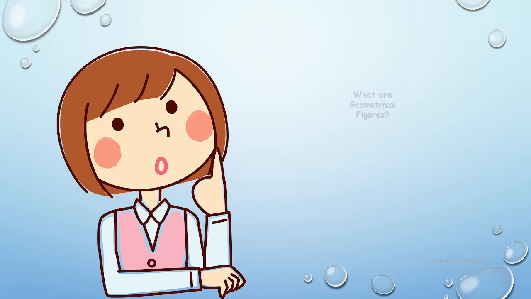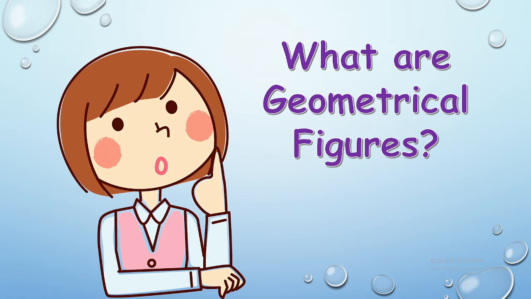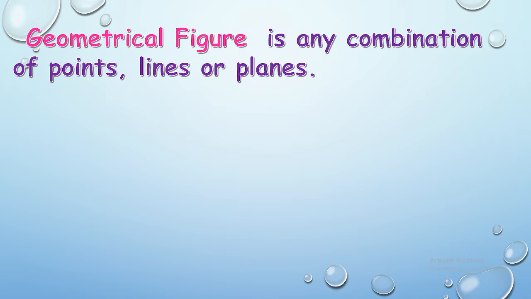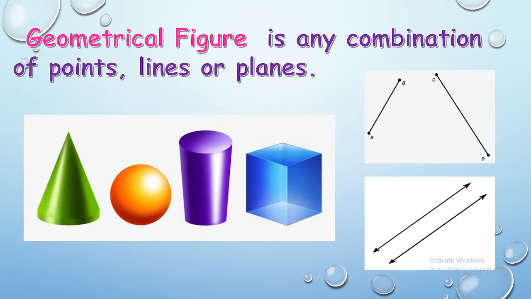Let's talk about geometrical figures. What are geometrical figures? Geometrical figure is any combination of points, lines, or planes. When you say point, it means the dot. That's where you start. For example, when you have to write something, first you make the dot and then draw the line, right? When you have to draw, you make a dot, a starting point, and then draw, right? So this one is any combination of points or maybe lines or planes. When you say plane, the face, for example, the paper. The paper is a plane.